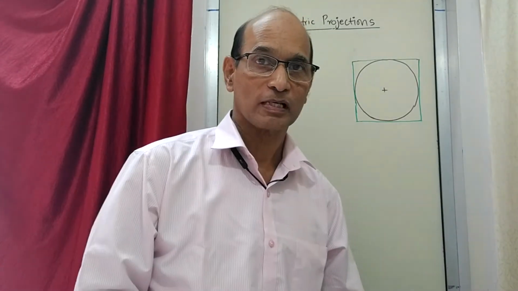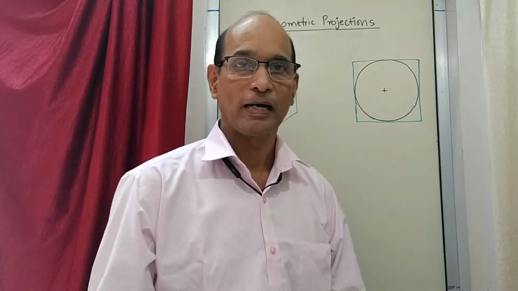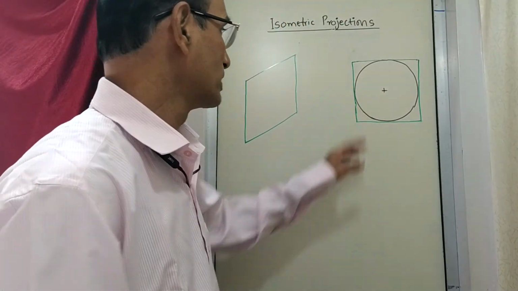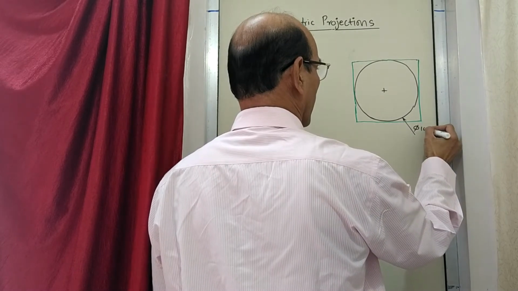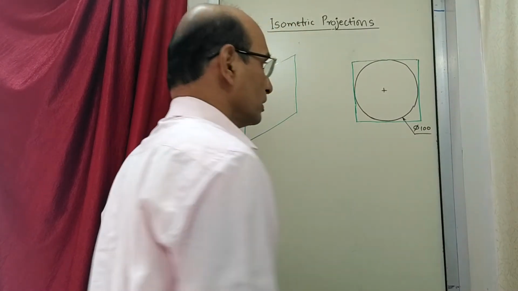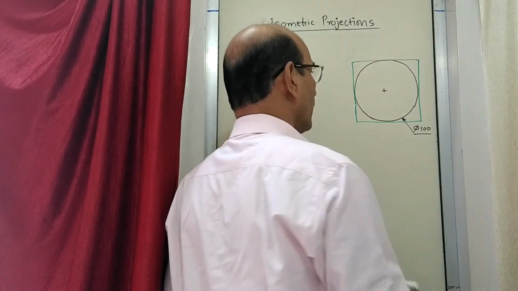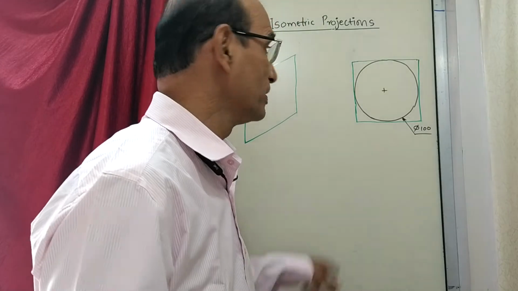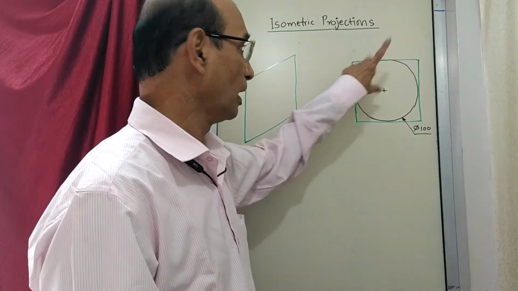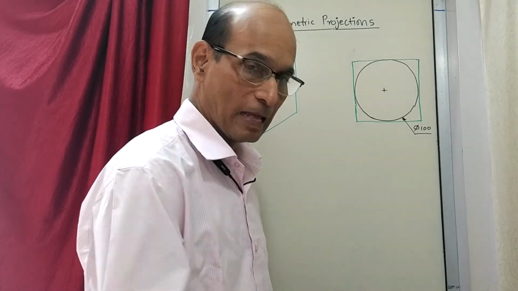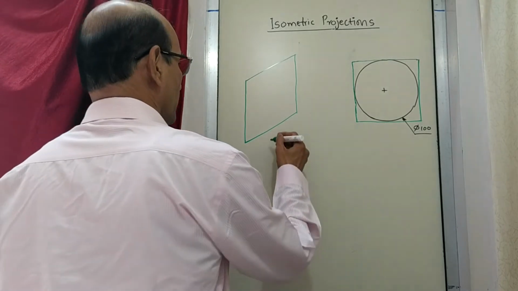Okay, so this is a circle here of certain size, and then we are going to draw that in isometric. So let's say the diameter of the circle is 100. There is a circle of diameter 100 which you have to draw. For that we have enclosed that circle in a square of size 100, and then drawn that square of size 100 by 100.